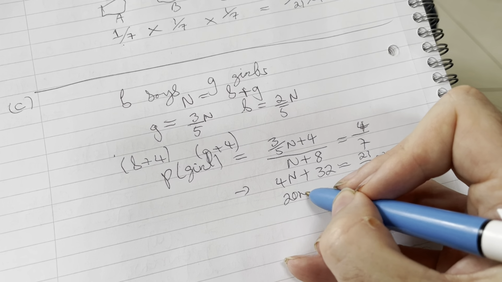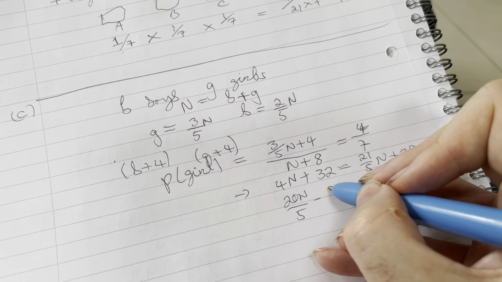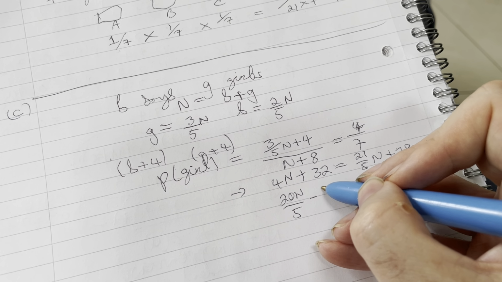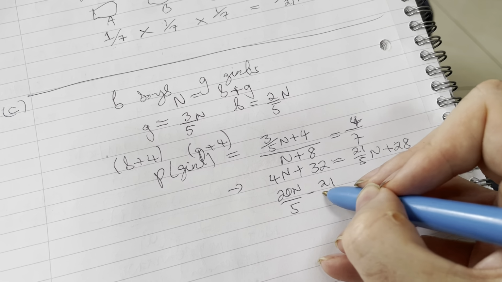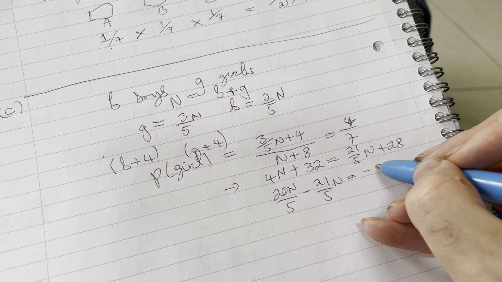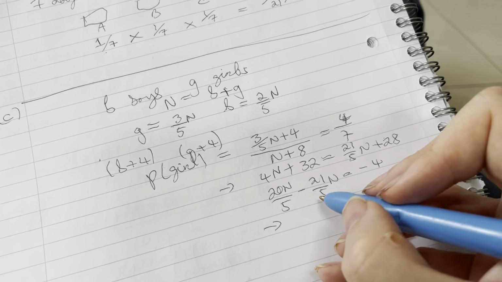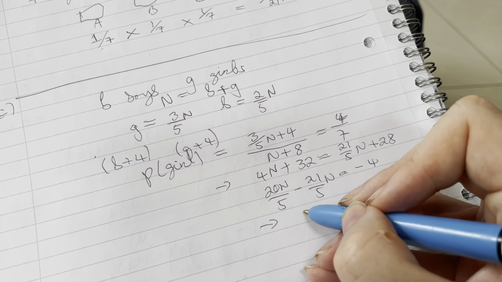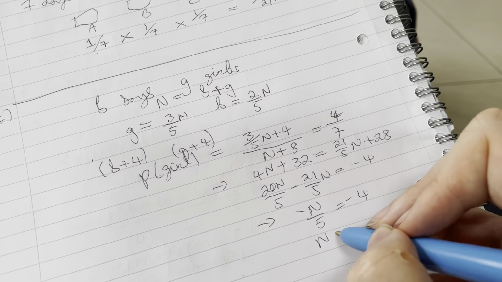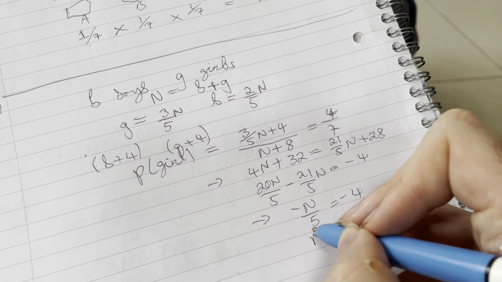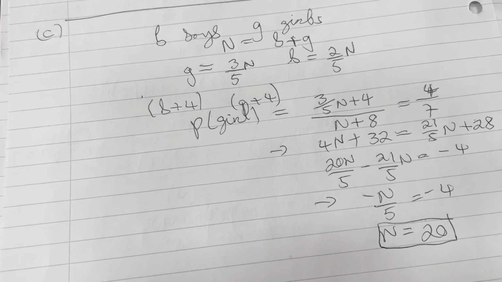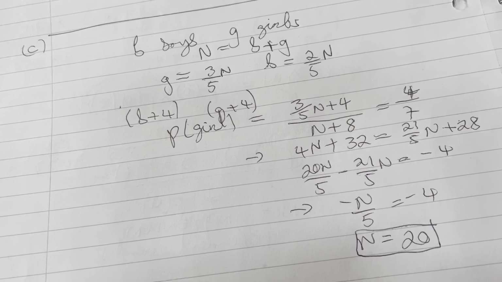So you get 20N over 5 minus 21 over 5N is equal to minus 4. So minus N over 5 is equal to minus 4. N is 20. Okay, nice, happily a positive round number, which sounds like a typical class size.